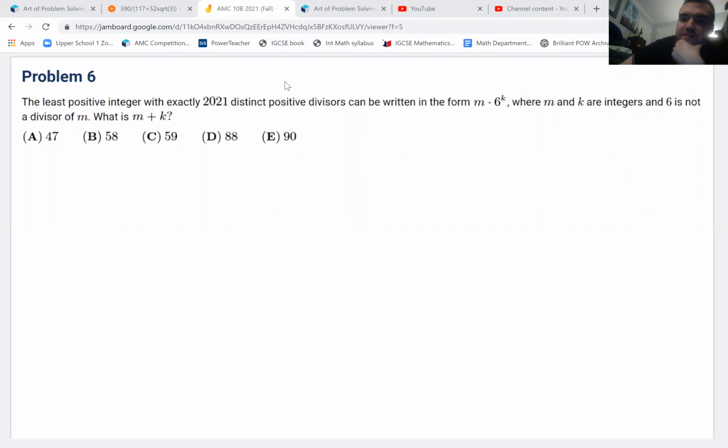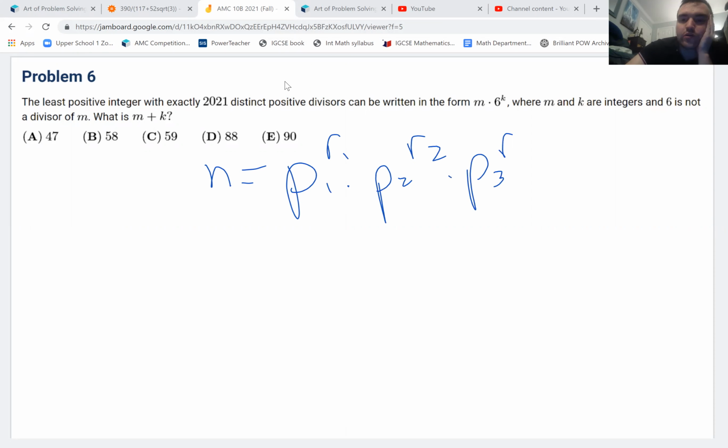in order to really solve this problem, you need to understand a certain rule that comes from number theory, which is the following. Let's say you have some integer n, which has a prime factorization as follows: p1, its smallest prime factor, to the power r1, times p2 to the power r2, times p3 to the power r3, times pk to the power rk.